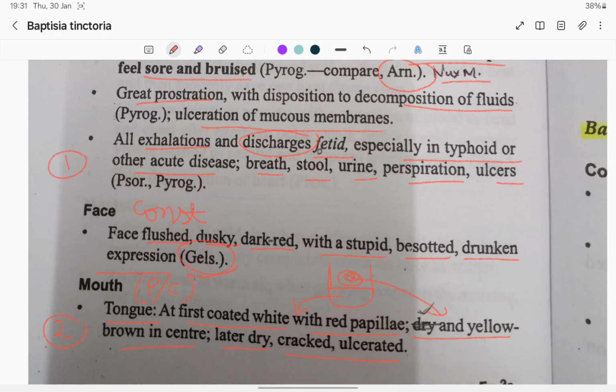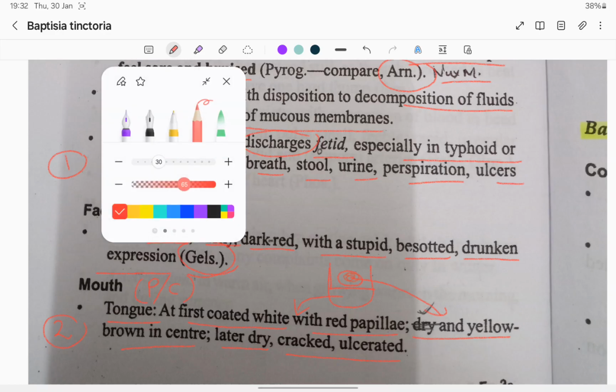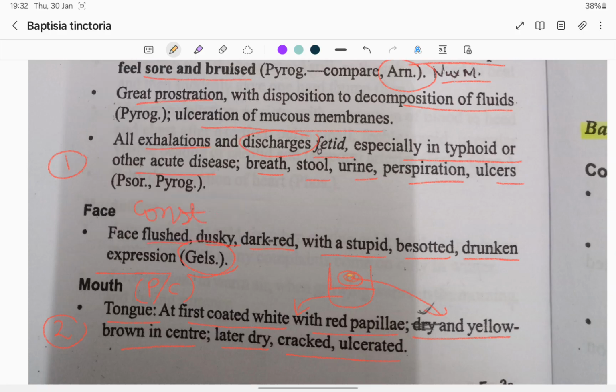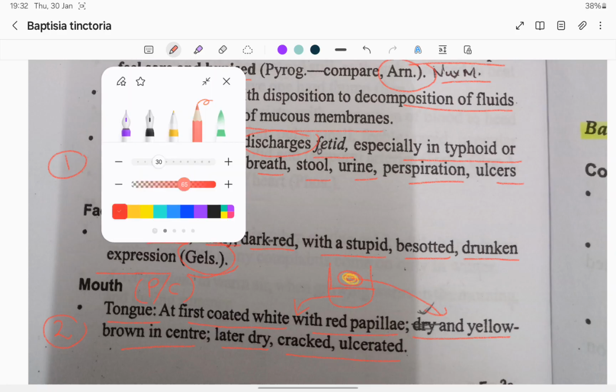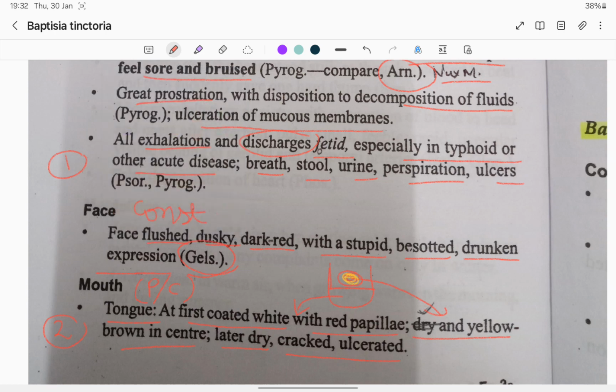No matter, you can remember. Dry and yellow-brown in center. I can add a little bit of yellow here. Yellow-brown in center and later dry, cracked and ulcerated. The latter portion is this: later dry, cracked and ulcerated.